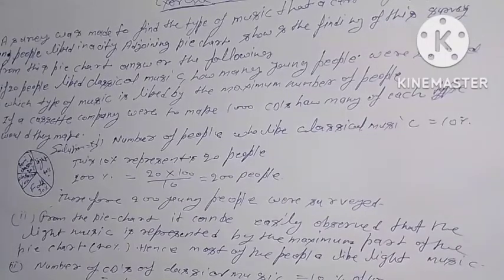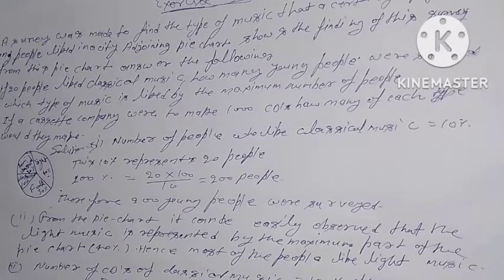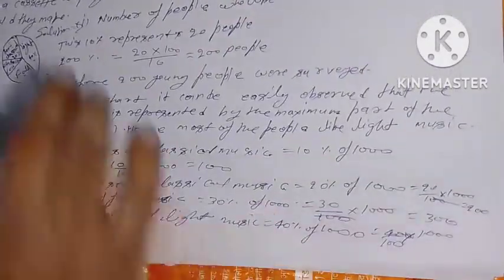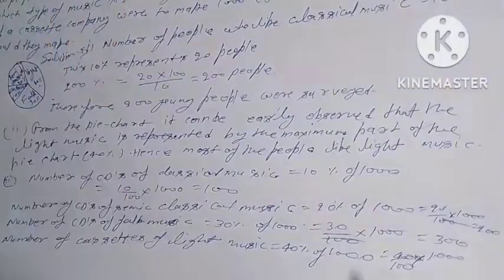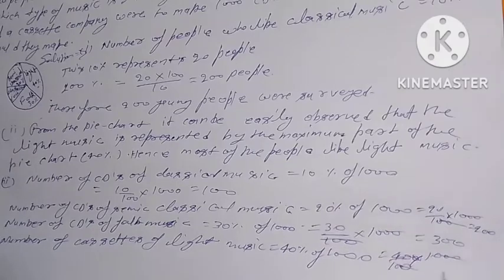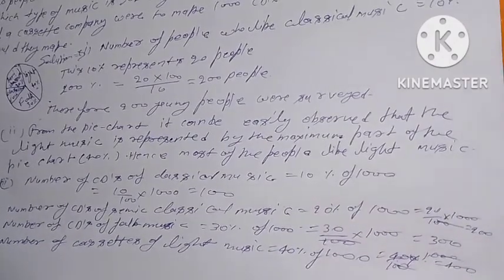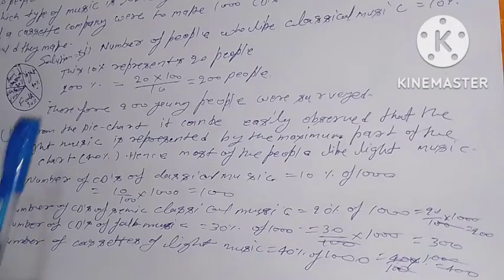Then 40 upon 100 multiply 1000, then 2 zeros cancel out by 2 zeros, and 40 multiply 10 equals 400. Okay.